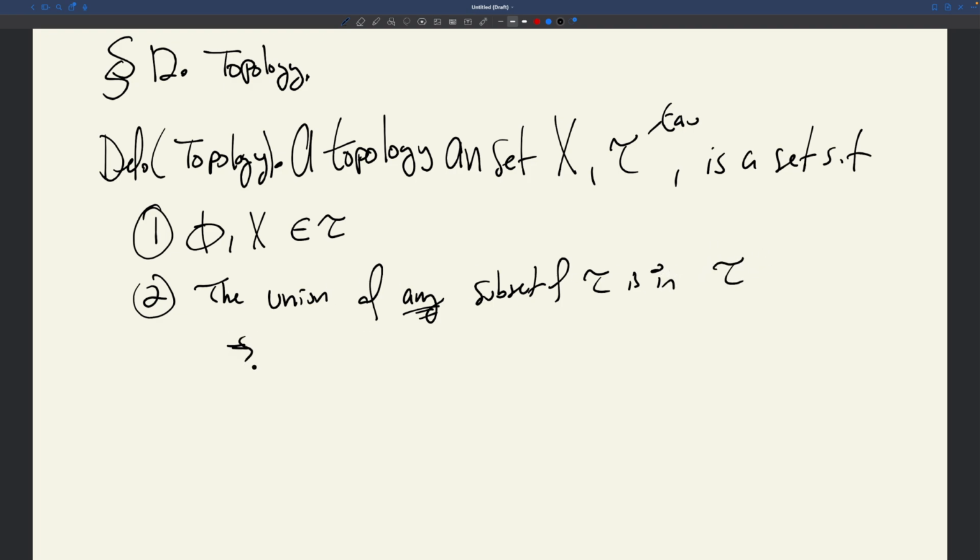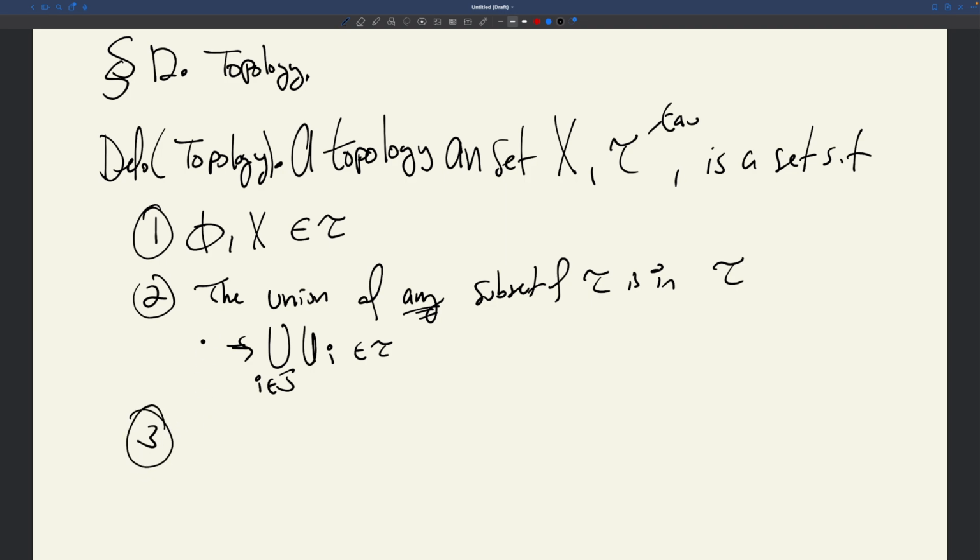And this is formally written as the union over i in J of U_i is within tau itself. Perfect.